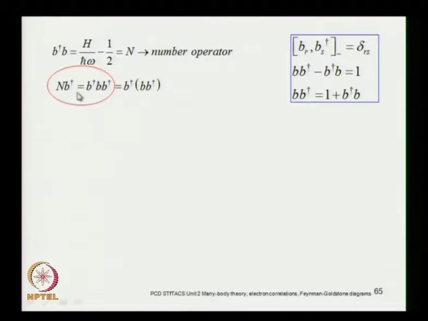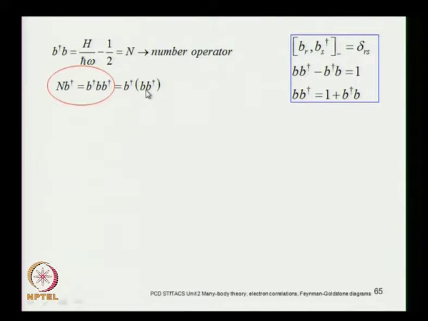Okay. Now, we had worked with the operator n b in the previous example. Now, let us work with n b dagger. Now, what is n b dagger? n is b dagger b. So, n b dagger is b dagger b b dagger, but this operator multiplication is associative.